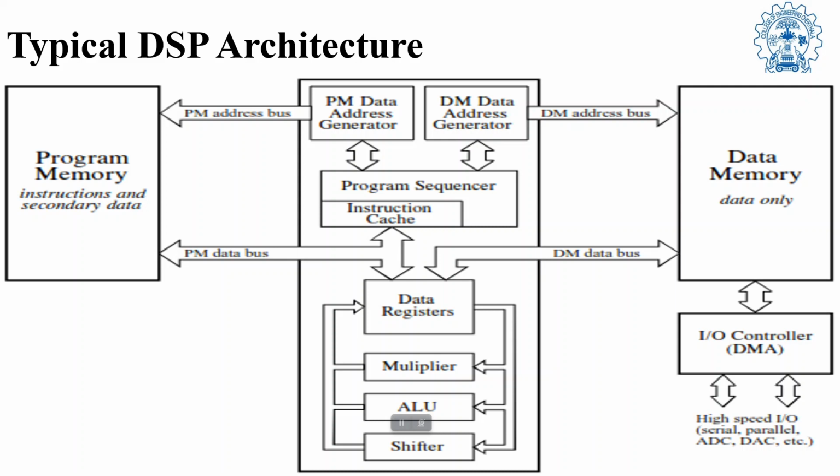Math processing is broken into three sections: multiplier, arithmetic and logical unit, and a shifter, that is a parallel shifter. The multiplier takes the values from two registers, multiplies them and places the result into another register.